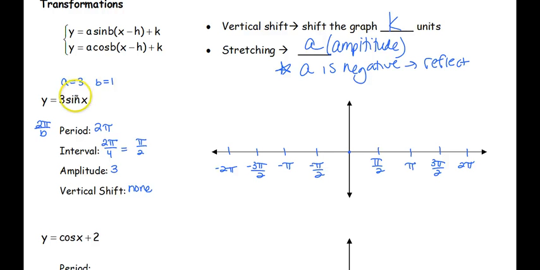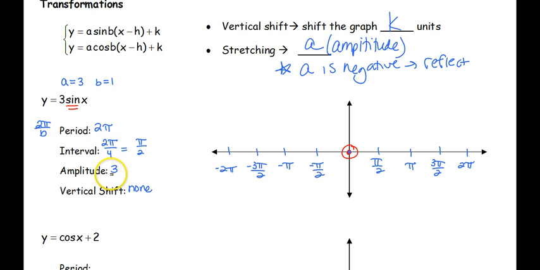As we are graphing, we pay attention to which trig function it is. In this case, we have our sine trig function. If you remember, and if you always forget, you can always watch the unit circle, but sine is always going to start at 0, 0. When we go to pi over 2, normally we go to 1, but our amplitude is 3.